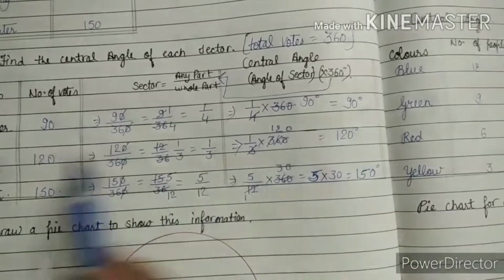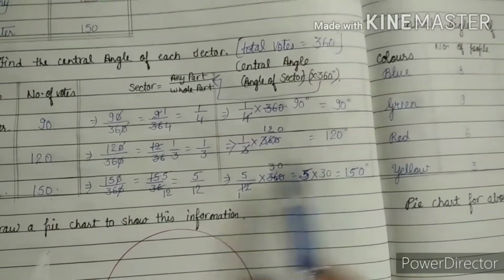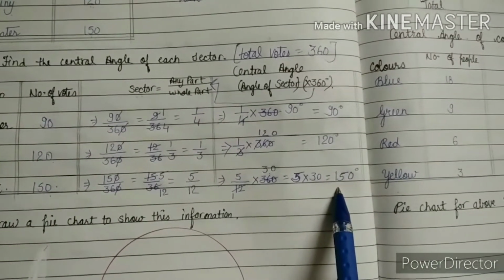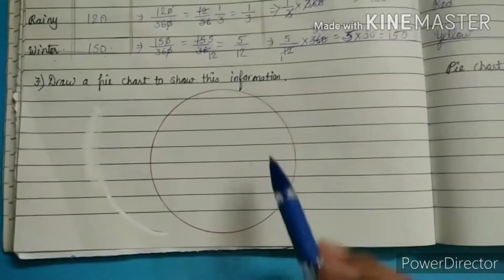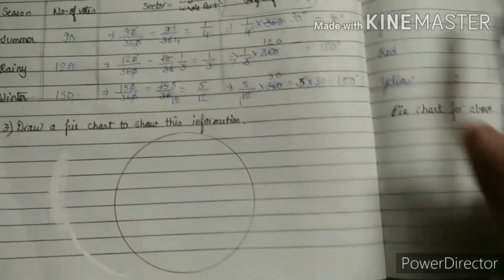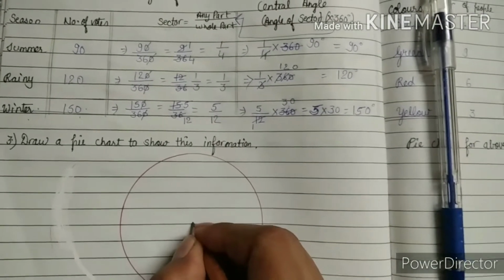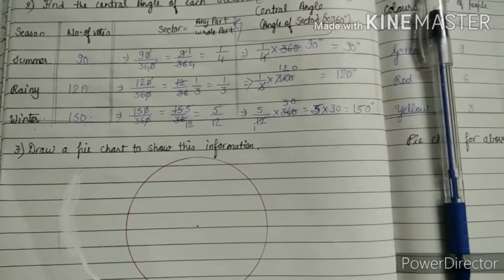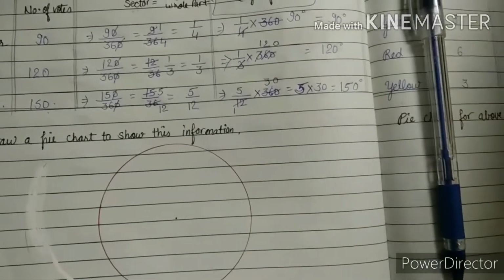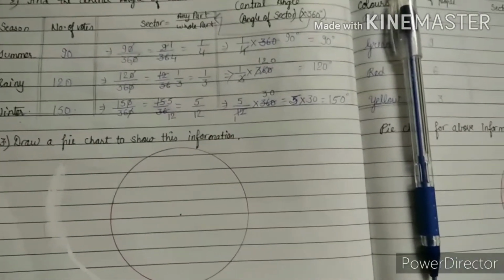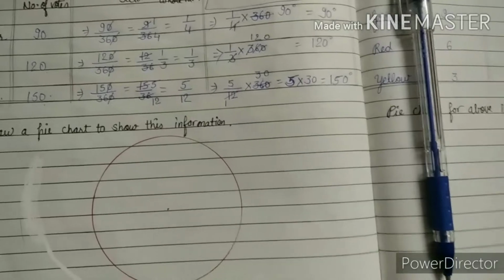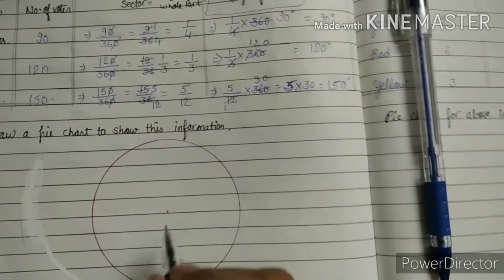Summer is 90 degree, rainy is 120 degree, winter is 150 degree. So I already drew a circle, and here is the central point of the circle. So firstly we have to make the radius of circle, because from there we will measure each angle.